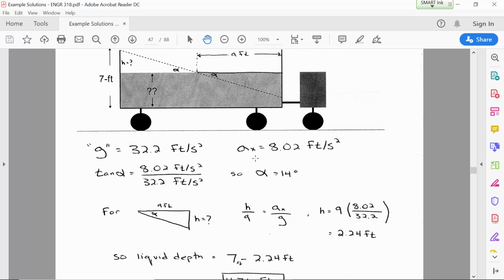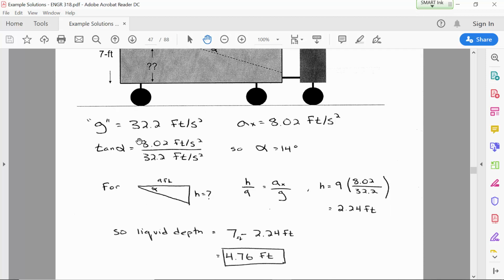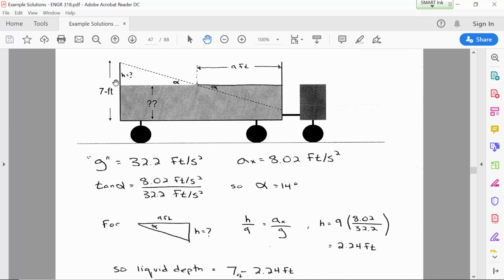All right, so if we've got 7 total feet of headspace, then the height above the horizontal that the water rises during the acceleration is going to be 2.24 feet. So of the 7, 2.24 is how much it rose during acceleration.